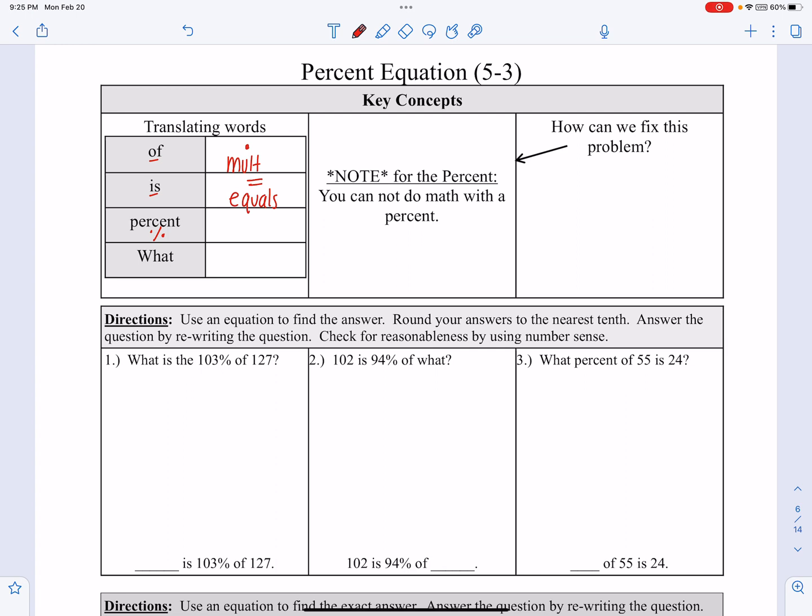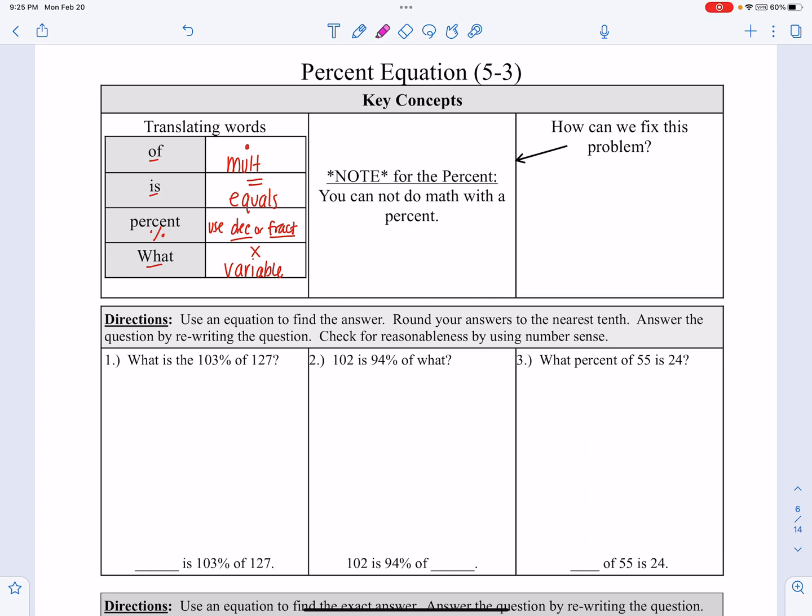We can't work with the percent as it sits, so you're always going to have to use either the decimal or fraction form when you're translating the percent. And then what is always going to be the variable, and we'll just use x as our default variable.